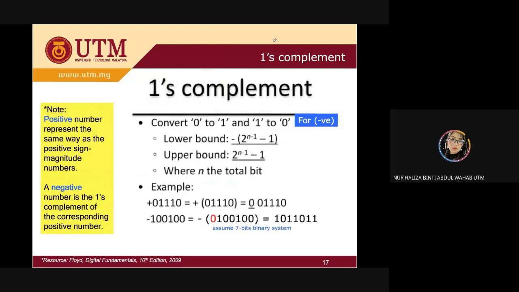Don't confuse with positive numbers, and don't confuse with the sign thing. If it is negative, don't remember anymore about the 0 or 1 sign. You just apply this conversion, 0 to be 1, 1 to be 0.